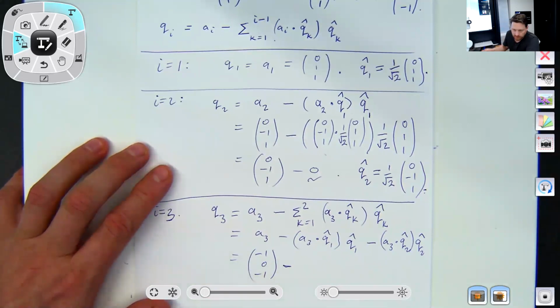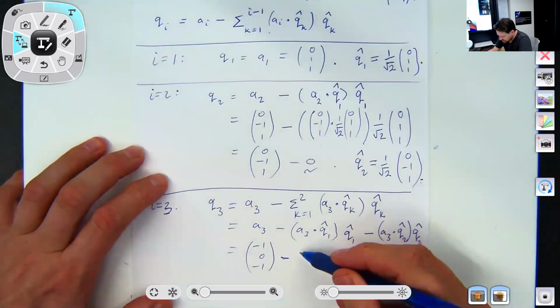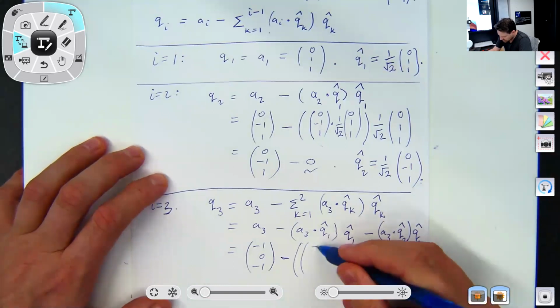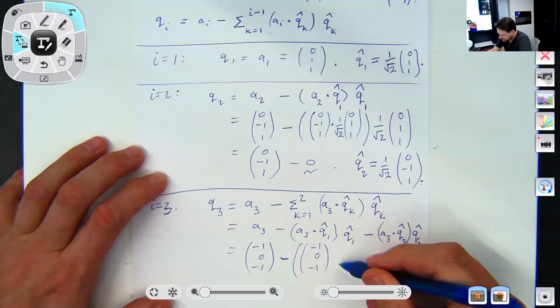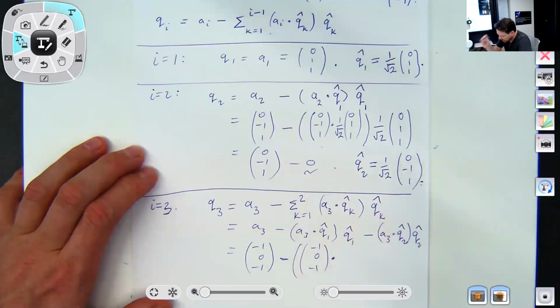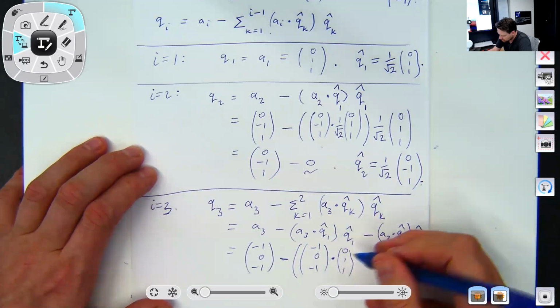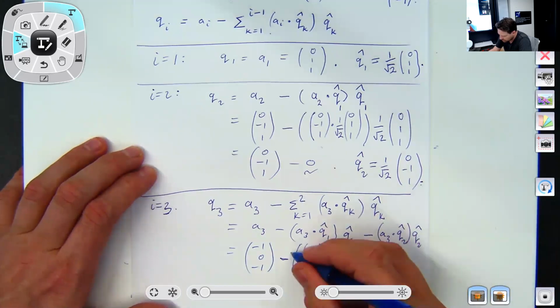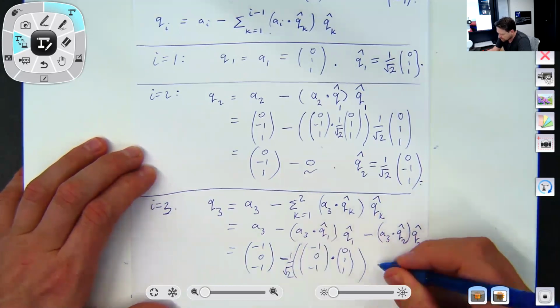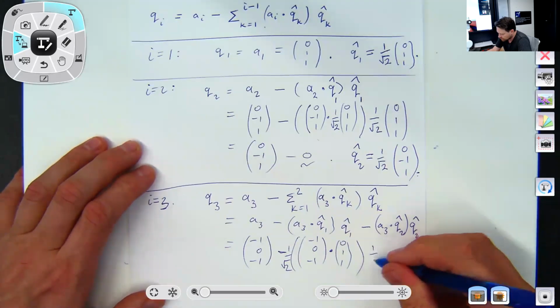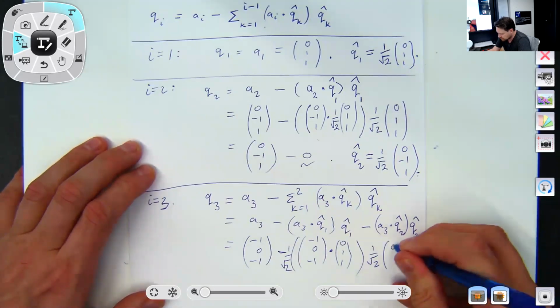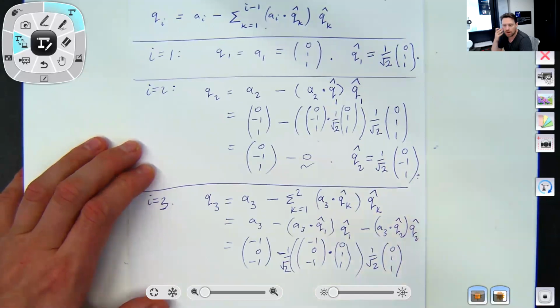Yeah, possibly, we better be careful. So let's put this in. Minus 1, 0, minus 1, and then dot Q1 hat, 0, 1, 1. And then we'll put that scalar 1 on root 2 out the front. And then we have 1 on root 2, 0, 1, 1, which is Q1 hat.